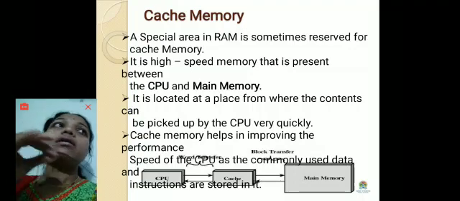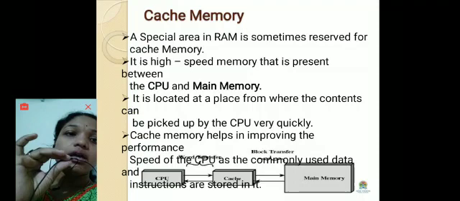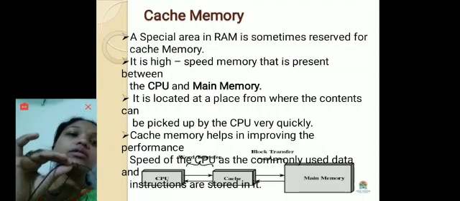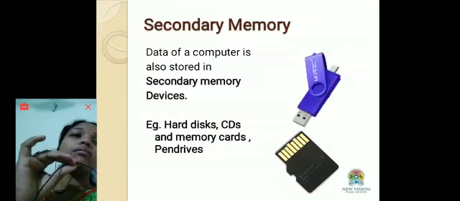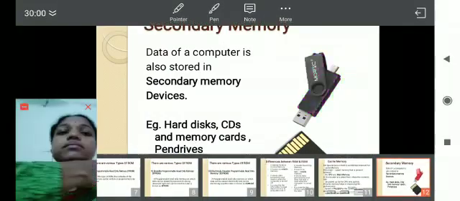Whenever the turn of that data comes, the data will be sent one by one by the cache memory. See, CPU, cache memory and main memory. See in the diagram.